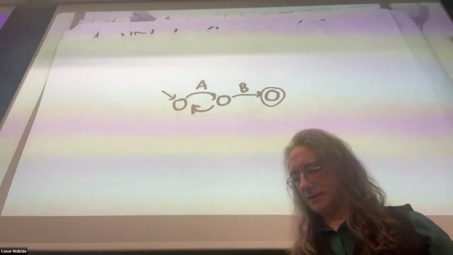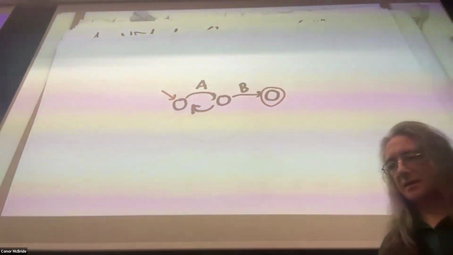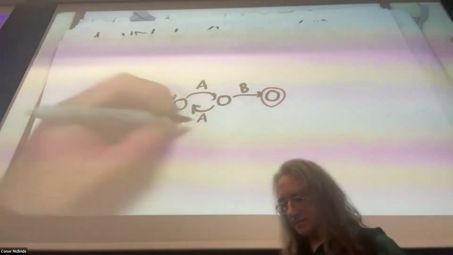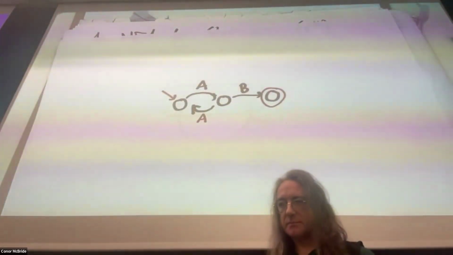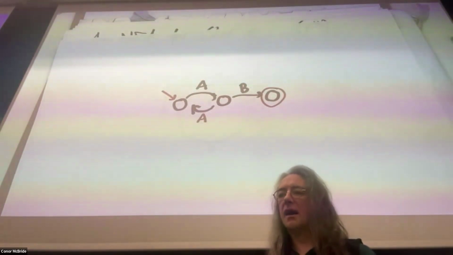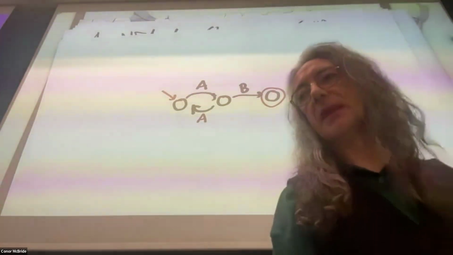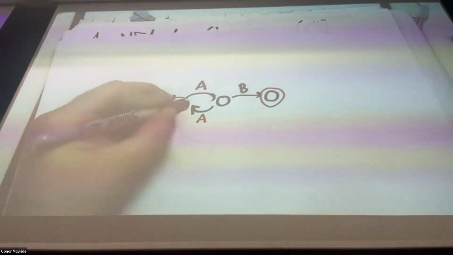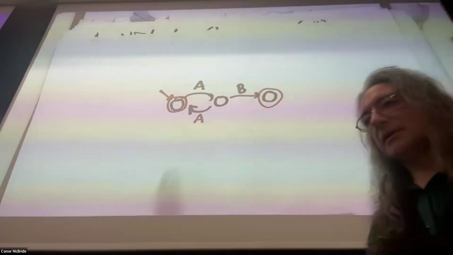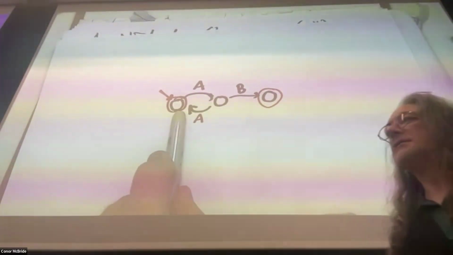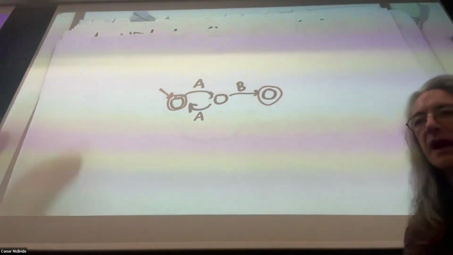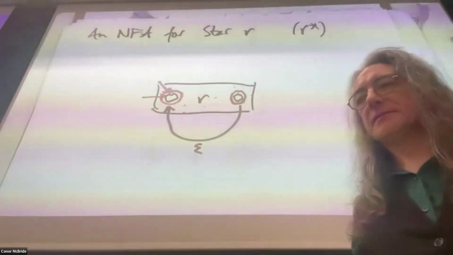Let's say this is my R, with an A moving back. If I now do what I said I would do, and make this my new starting state and this my accepting state, then I will accept AA, right? Even though R does not accept. That's fair. AA. So, okay, this doesn't work. This is wrong.